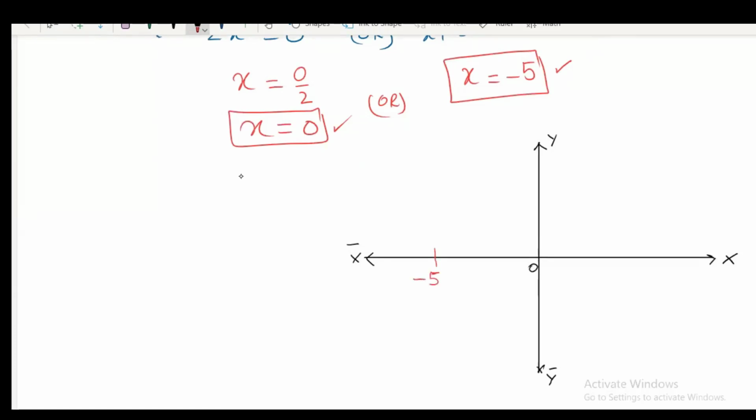Next step is to draw the line of symmetry. The line of symmetry always passes through the midpoint of 0 and minus 5, which is minus 2.5. Now I'm going to draw the line of symmetry here.